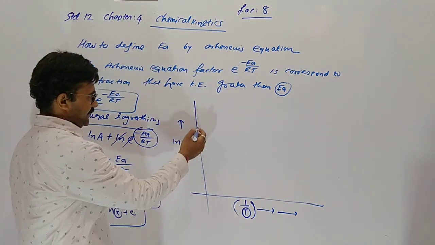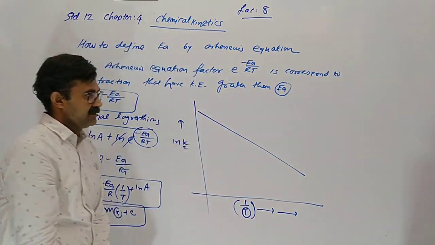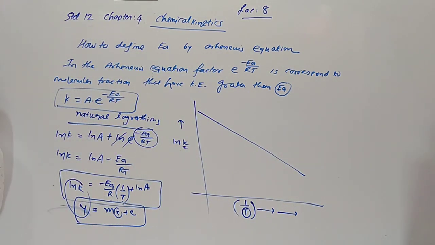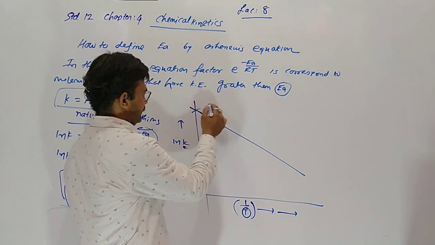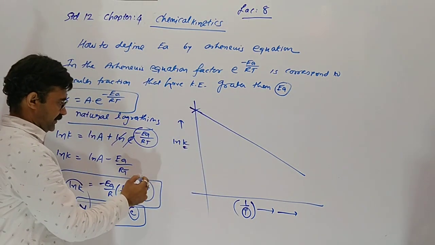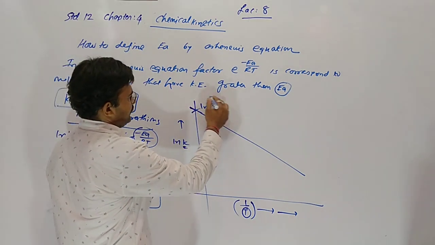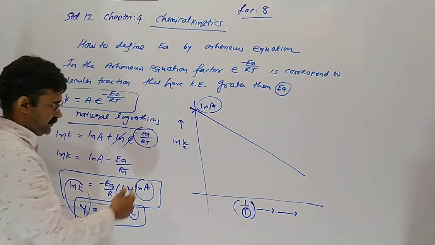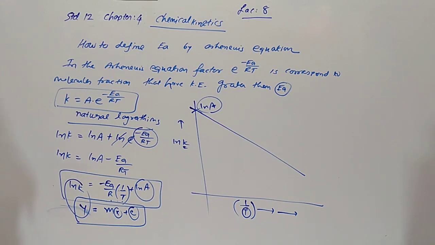Whenever T decreases, k decreases, so we get a straight, decreasing line on our graph. The intercept on the y-axis gives the constant, ln A, so we can derive ln A with the help of our graph.